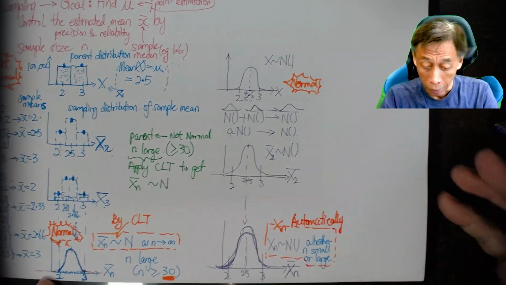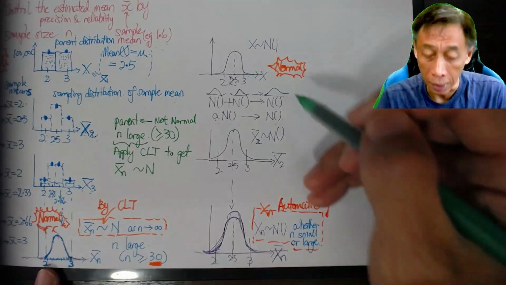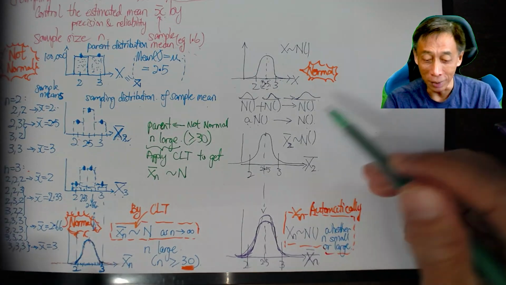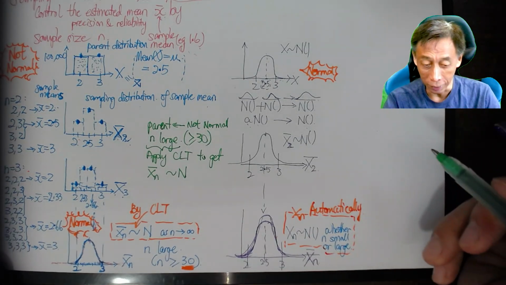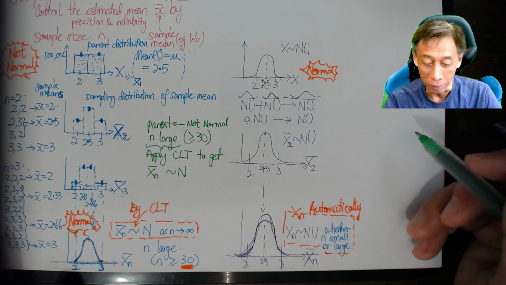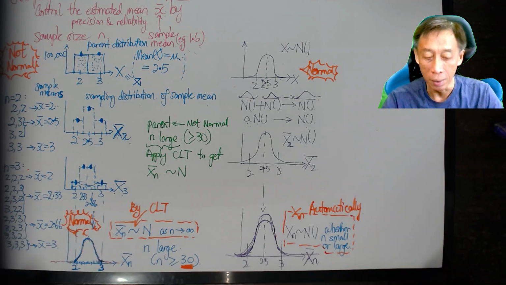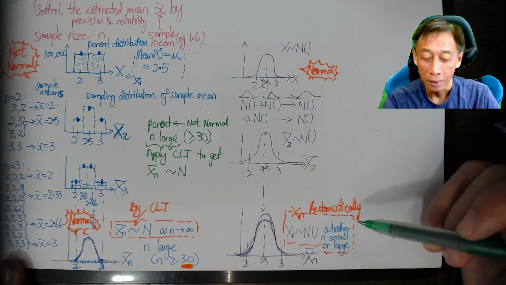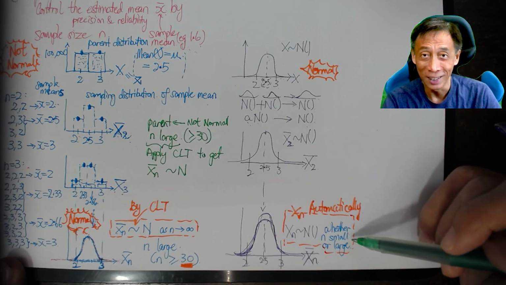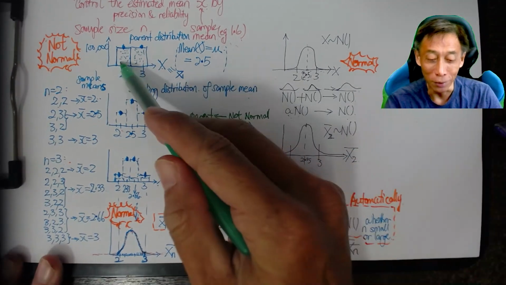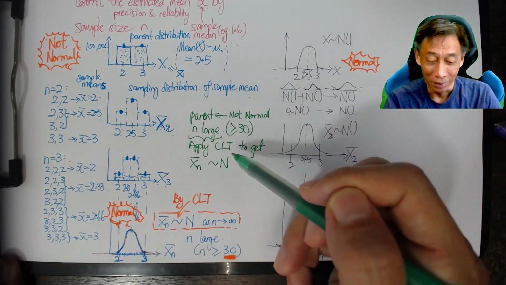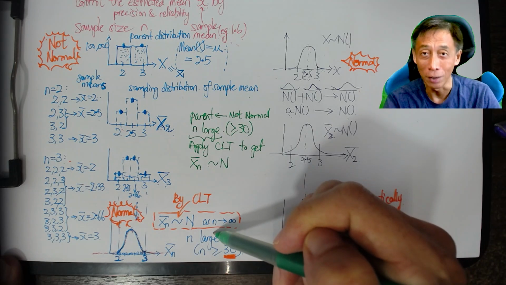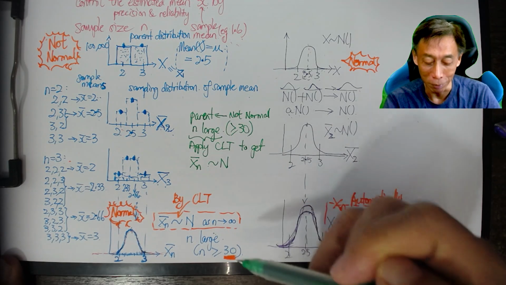So the lesson learned here is, I like to remember this as a small story to remember what's going on. If parents are normal, then the children are normal. If parents are not normal, then if you do a lot of hard work, the sampling distribution of sample mean will be normal.